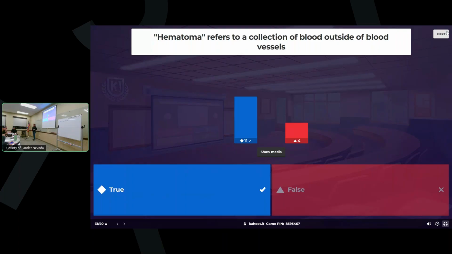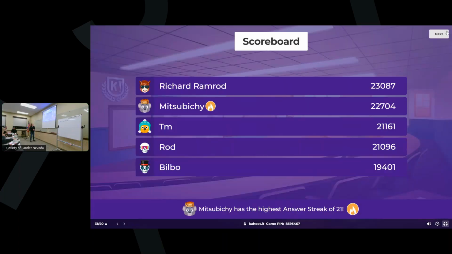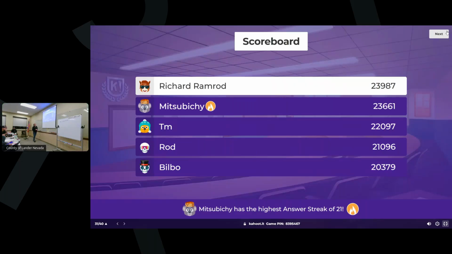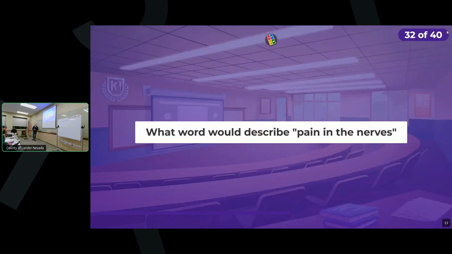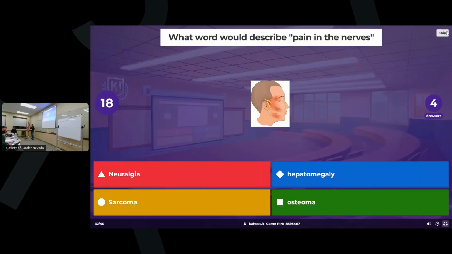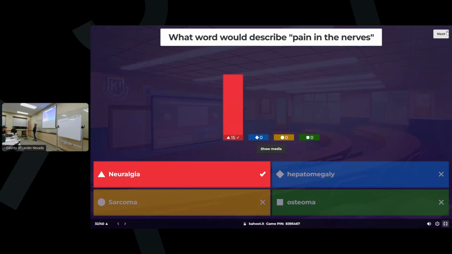I always call it a hematomato because that's what it looks like. What word would describe pain in the nerves? We talked about pain in the joints, right? So which one would be pain in the nerves? Good job. Very good.